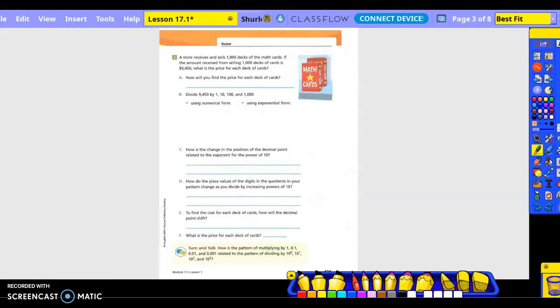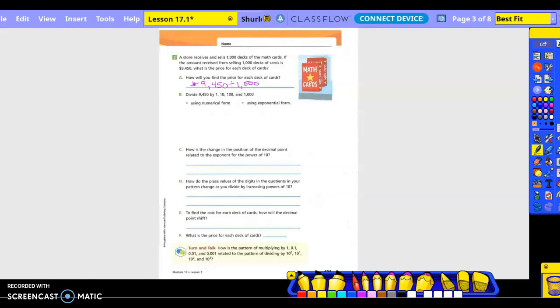How will you find the price of each deck of cards? So what's our total? 9,450. And then are we multiplying or dividing? Dividing by what? 1,000. Okay. So divide by 1, by 10, by 100, and then by 1,000.